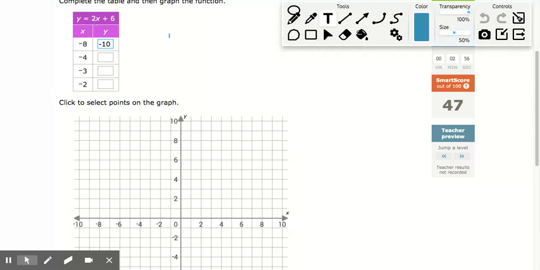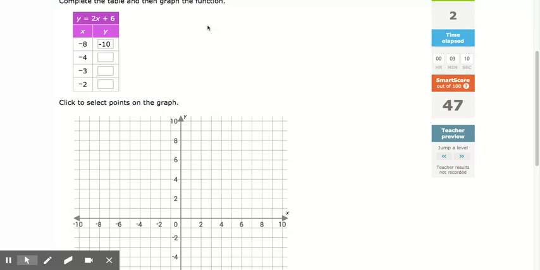Then here I have 2 times negative 4. 2 times negative 4 is negative 8 plus the 6. Negative 8 plus 6 becomes negative 2. And here I have negative 3.